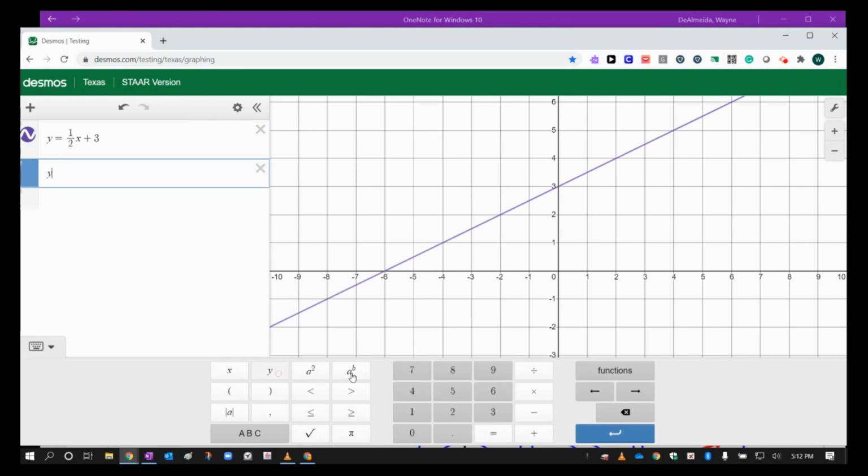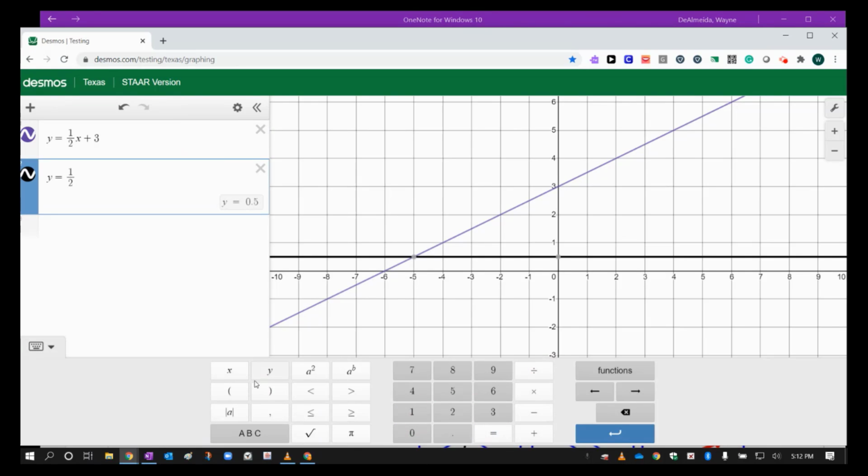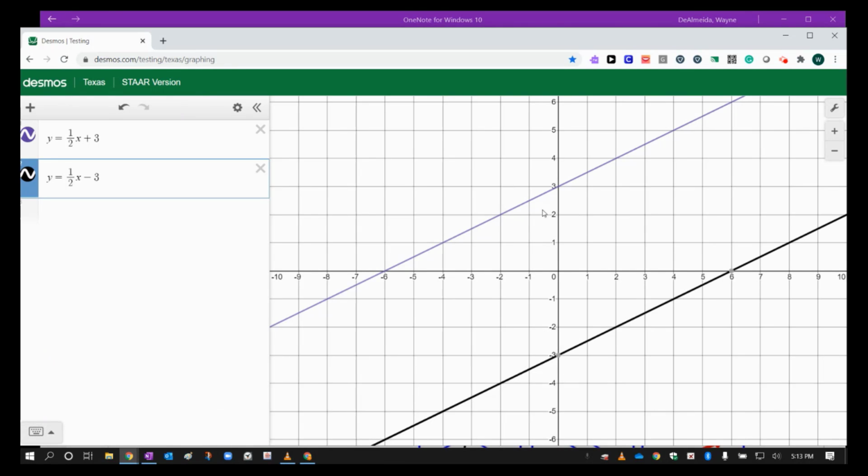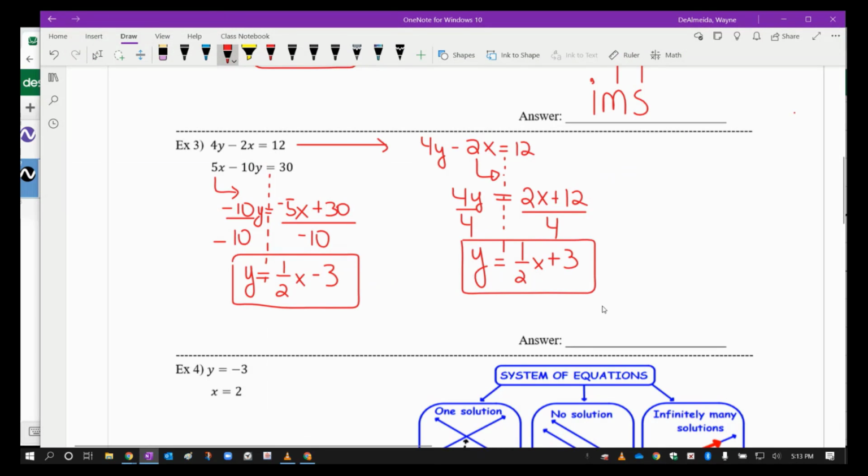And then the other equation is y equals 1 over 2 x minus 3. And as we can see here, the two lines do not cross. The two lines are what we call parallel lines. So these lines will never cross. So in that case, we're not going to have a solution. So we're going to write NS, which stands for no solutions, because the lines do not cross.